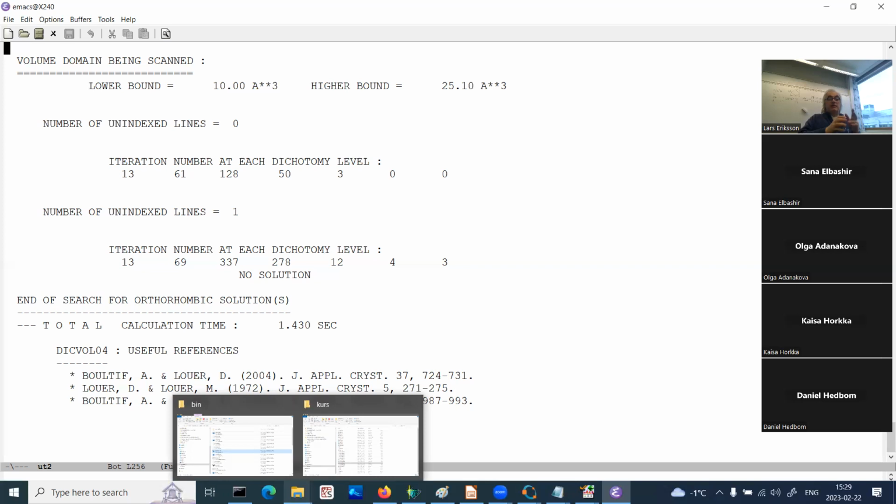For X-rays, you really get 2 theta, but convert them to D values. D values are more general than other stuff. Then it's a problem, of course, to find the D values or 2 theta values.